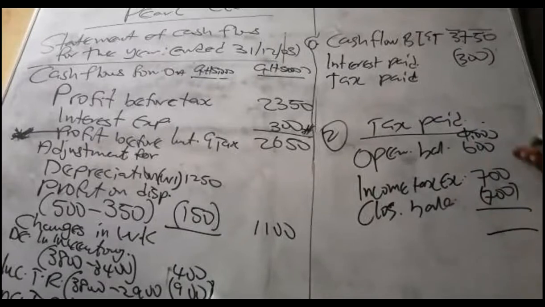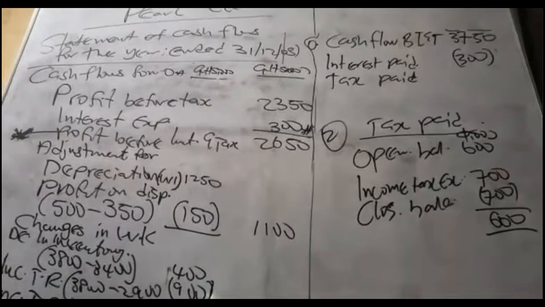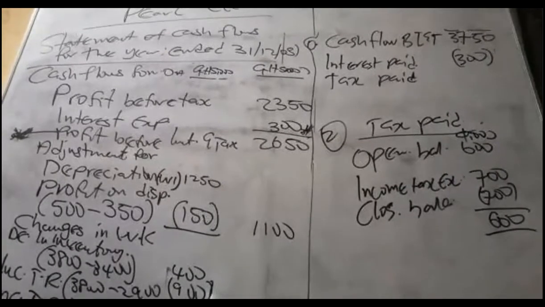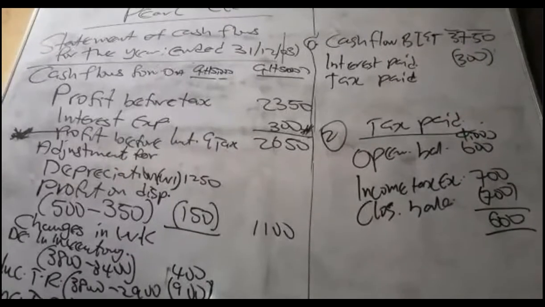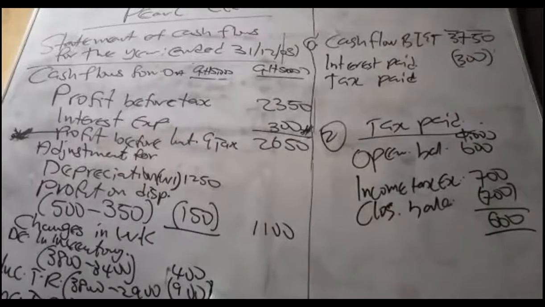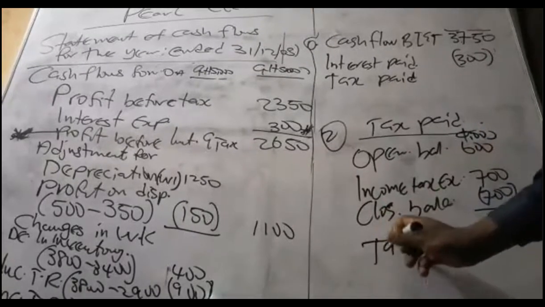Tax paid is 600. Now, there was a note that the examiner was telling us that the income tax liability provided for 2004, which is the 600, was settled in 2005. So this 600 that they made provision for, that's what they paid here. So it's reflected. That note is just a confirmation.